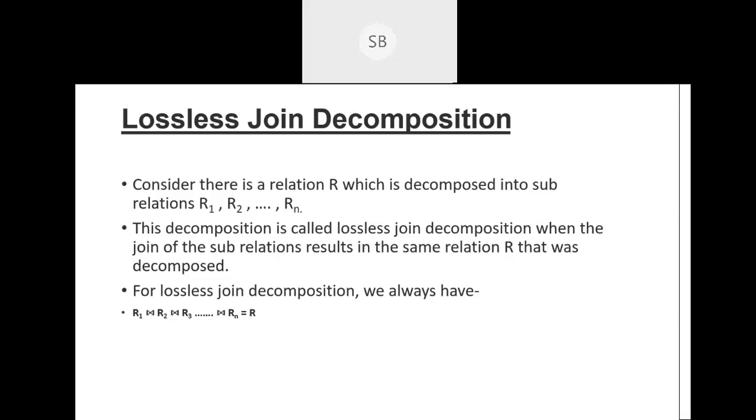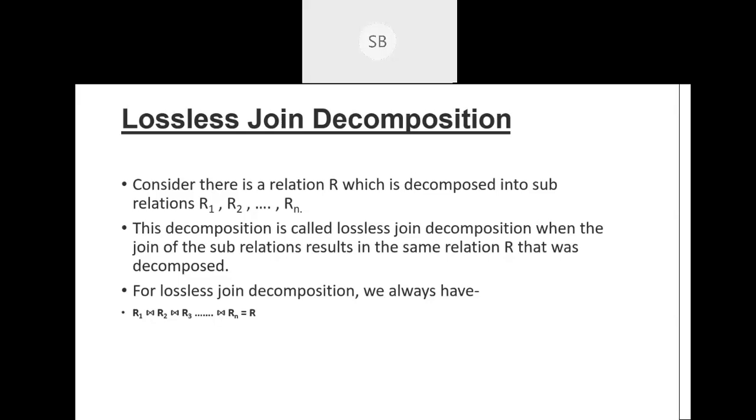In normalization, we decompose into two relations or three relations. After we decompose the table, we can again join the table. After joining, if we get the same table again as we had before decomposition, that means no information is lost. That means it is lossless.